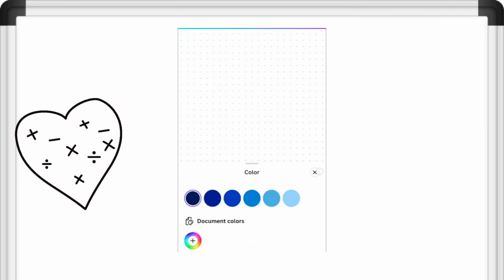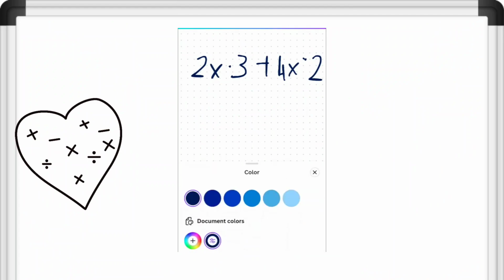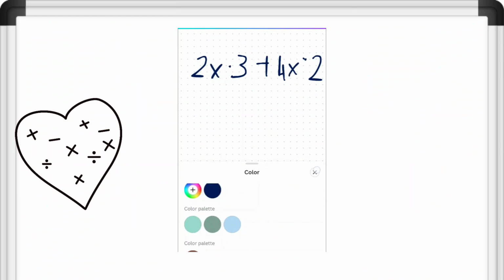Simplify the expressions. So the first one was 2x times, I'm going to just make a dot there for times, 3, plus 4x times 2. So remember, whenever we're doing any sort of sums, we always go and we apply BEDMAS.